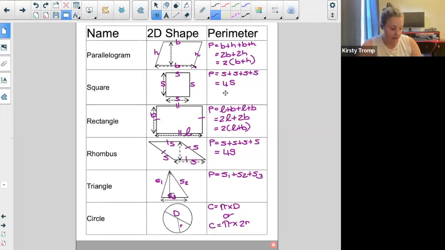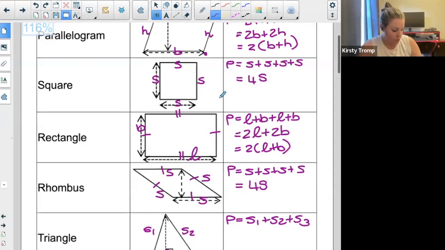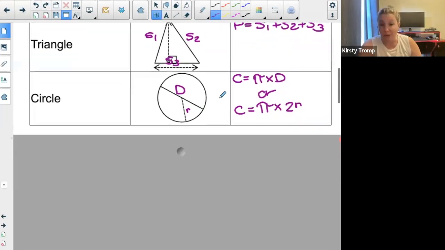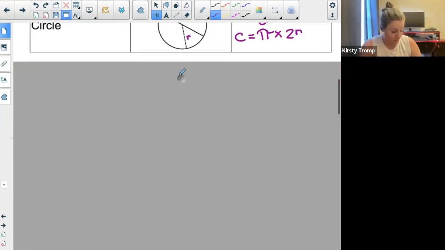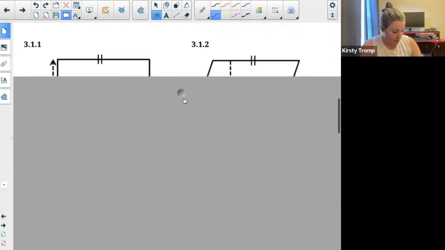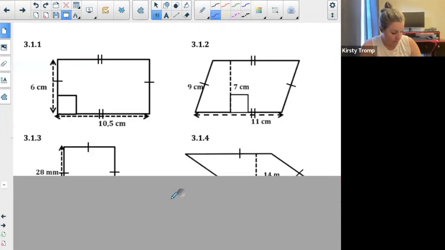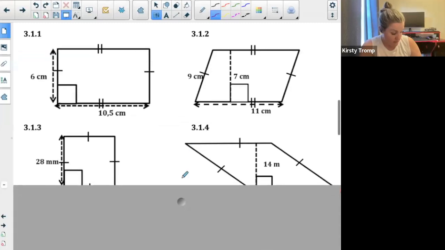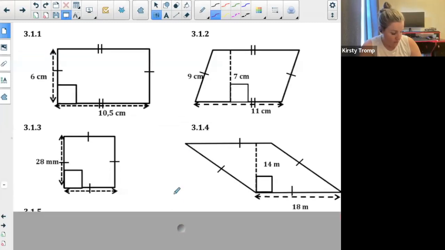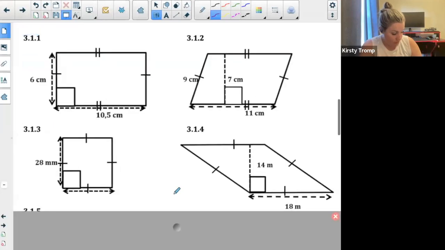All right, guys. So now that we've got all those basic formulas down, let's put them into practice. Calculate the perimeter of the following. Here we have 4 drawings for you.